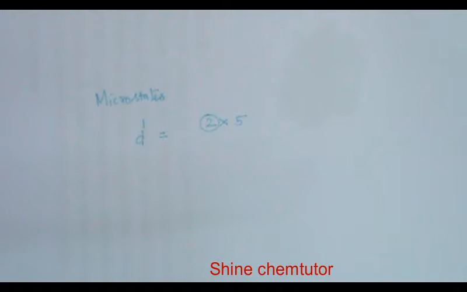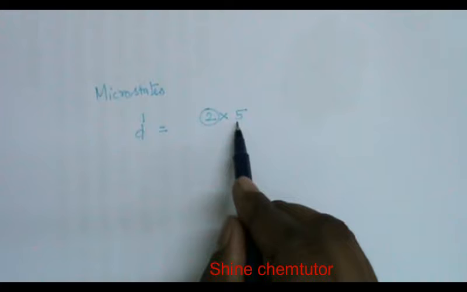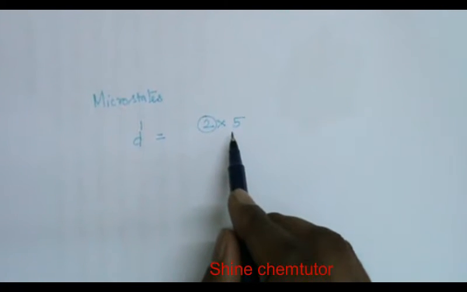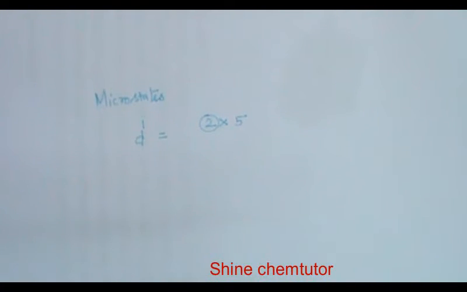That is, in dxy we can accommodate 2 electrons. So that 2 we get here. 5 is the total number of suborbitals. D orbital has 5 orbitals in that. So that we get here.